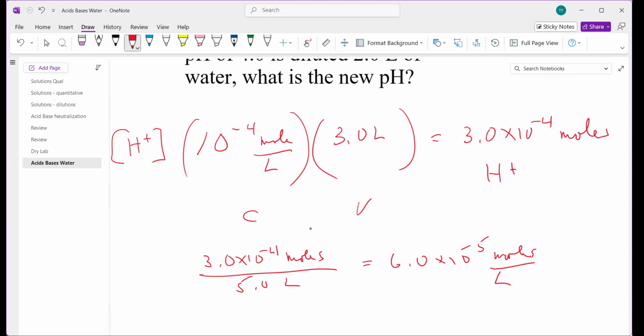It went from 10 to the minus 4 to 10 to the minus 5. So the concentration of H plus went down, which it should be going down, because we're diluting it.